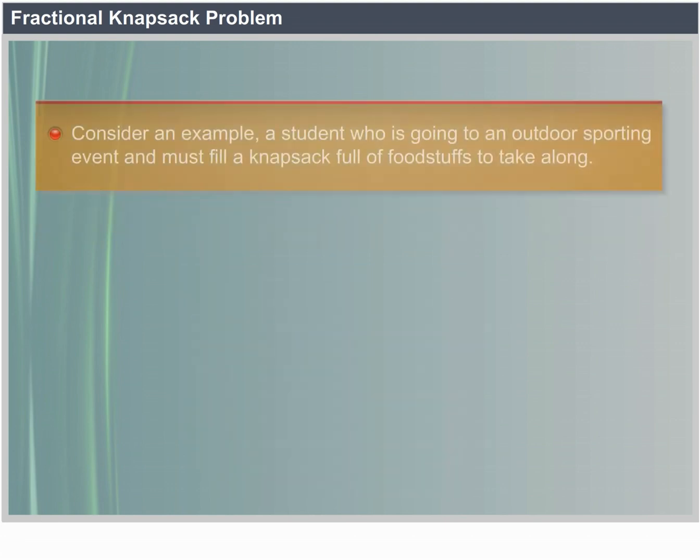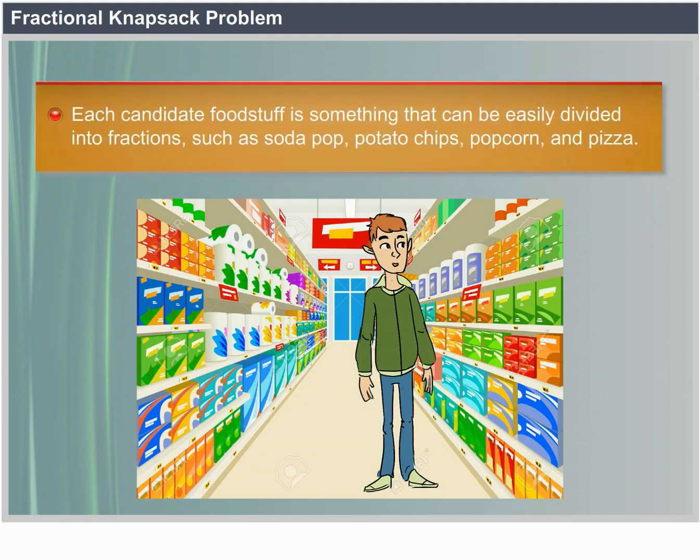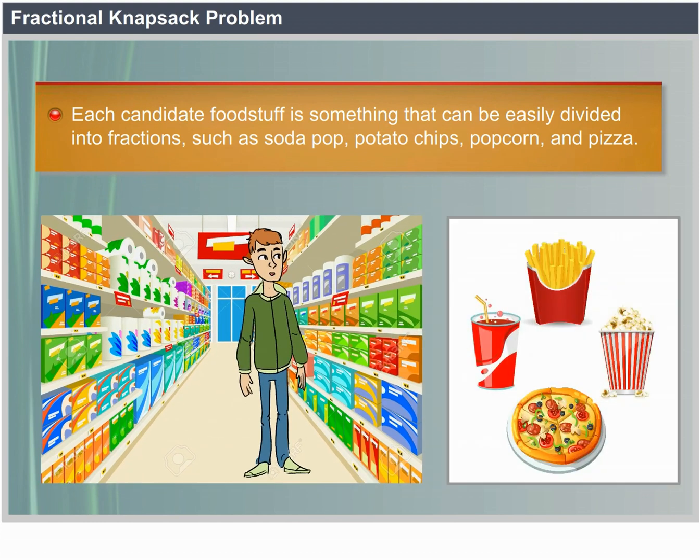Consider an example: a student who is going to an outdoor sporting event and must fill a knapsack full of foodstuffs to take along. Each candidate foodstuff is something that can be easily divided into fractions, such as soda pop, potato chips, popcorn, and pizza. The following figure represents the greedy algorithm for the fractional knapsack problem.